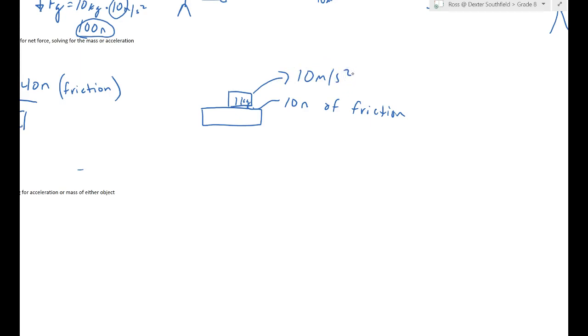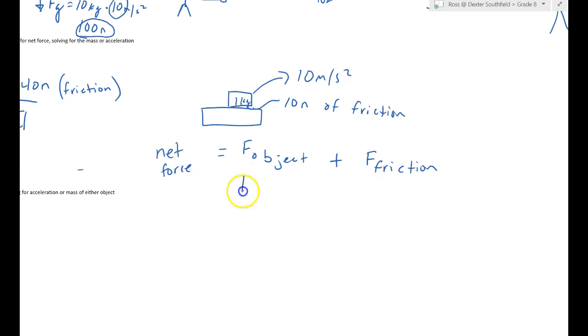So the way that we need to think about this is just like how we think about it when we're dealing with gravity and we're dealing with throwing an object. I not only need to figure out how much force is required to move that object, but I also need to account for friction. So I need to say we've got the force of the object plus the force of friction, and that'll equal how much total force is required.